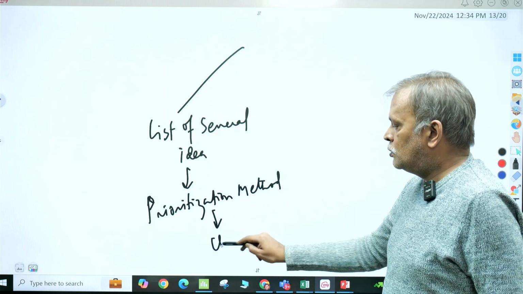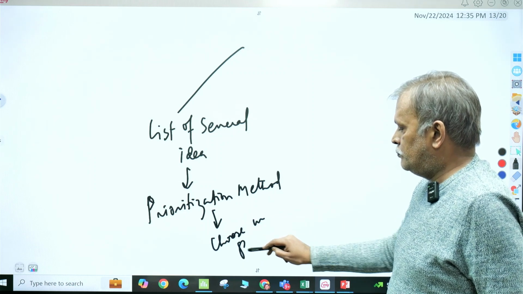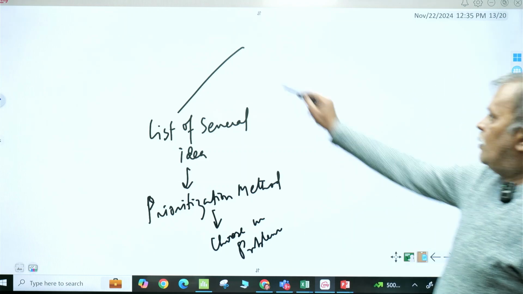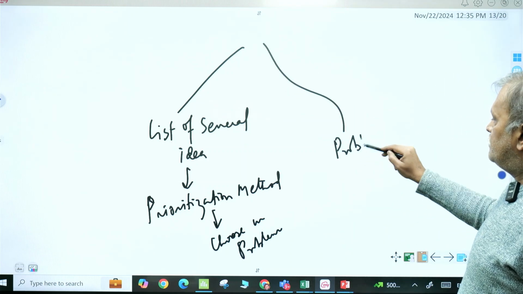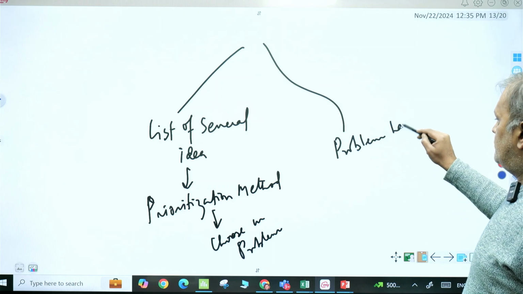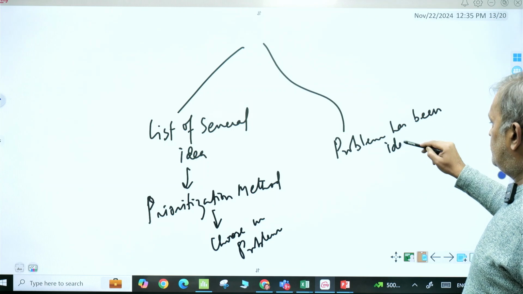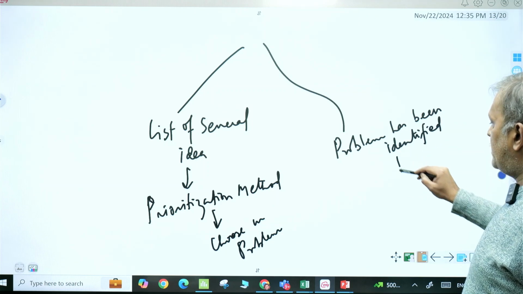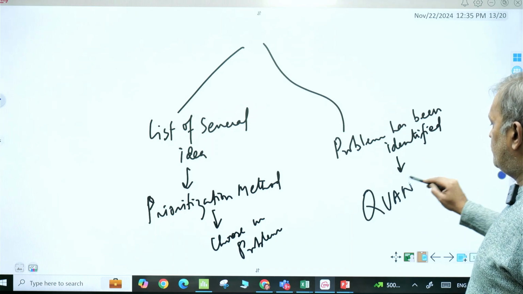Choose which project you want to do. Which problem you want to fix first. Two, now that the problem is identified, express this numerically. Quantify your problem.